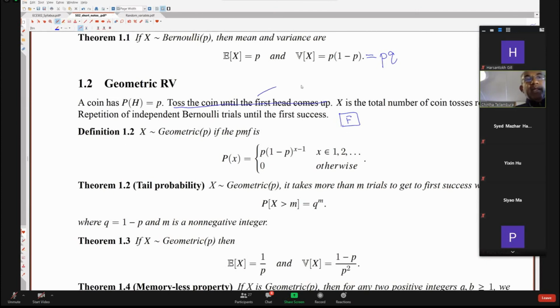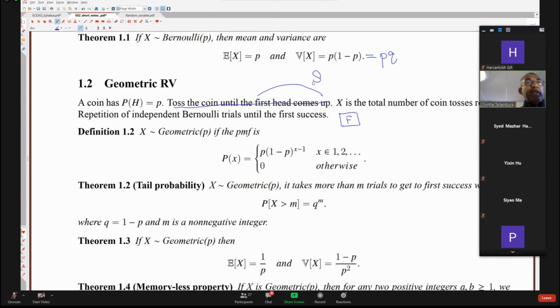So this is my S, the success condition, right? The experiment is repeated until the success condition is met.